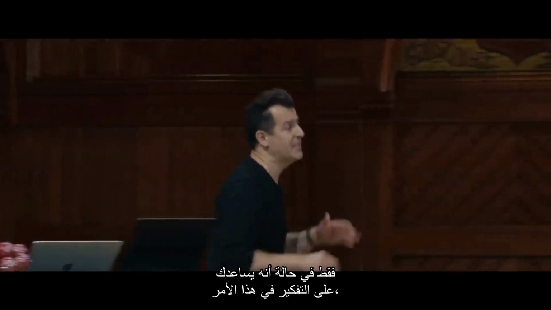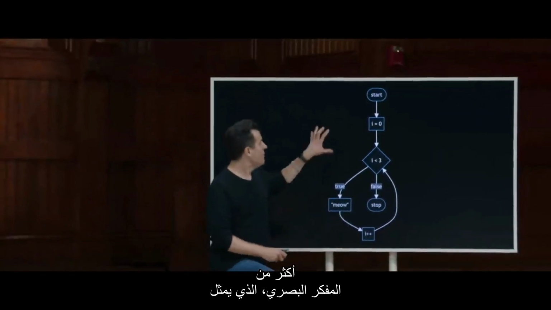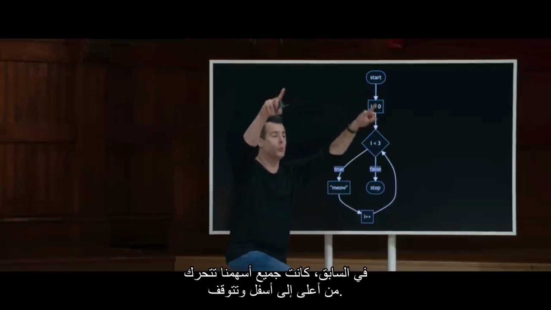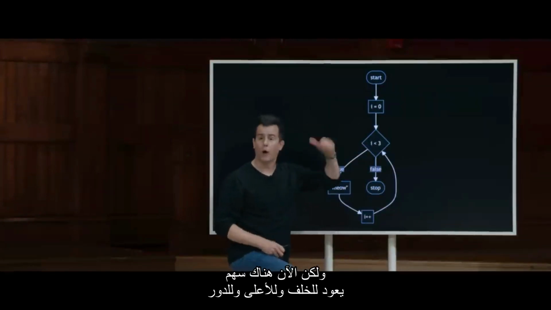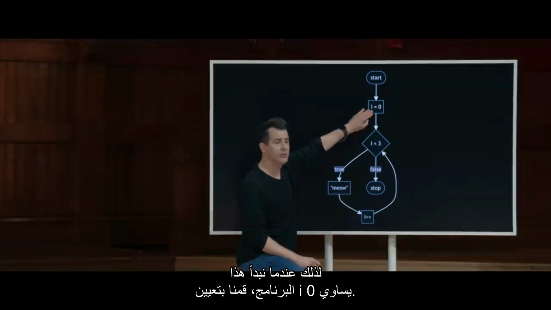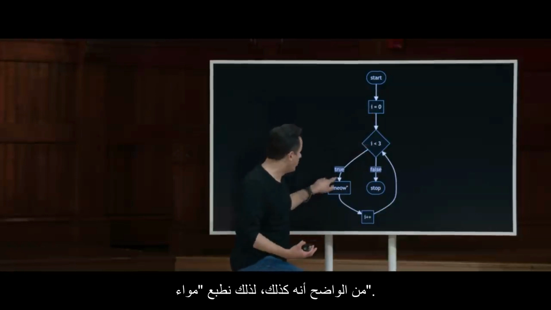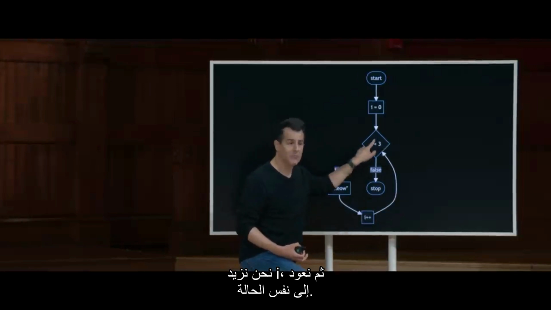All right, so beyond that, let's just go ahead and put this into context just in case it helps you to think about this. This is just another flow chart, if you're more of a visual thinker, that represents what this loop is now doing. Previously, all of our arrows went from top to bottom and stopped. But now there's an arrow going back up and around because of this loop, this cycle. So when we start this program, we set i equal to 0. We then check, is i less than 3? Obviously it is, so we print meow, we increment i, and then we go back to that same condition.